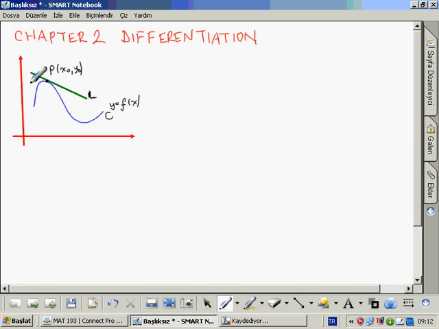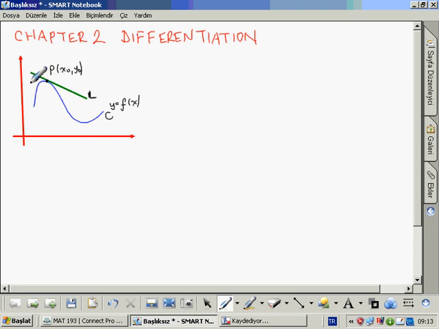For a circle, we can say the line meets the circle at only one point, or the circle lies on only one side of the line, or the tangent is perpendicular to the line joining the center of the circle to the point of contact.